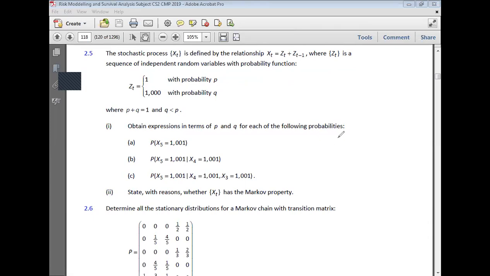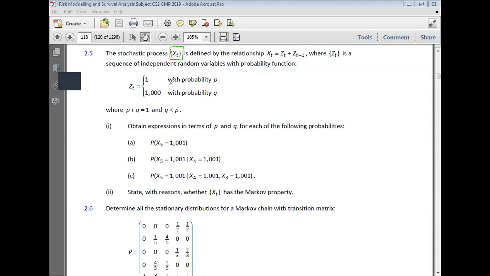Okay, so we have a stochastic process xt, and we are defining a relationship that xt is just equal to zt plus zt minus 1. And they have given the probability distribution of zt here. So it can either take a value of 1 or a value of 1000, and 1 with the probability p and 1000 with the probability q.